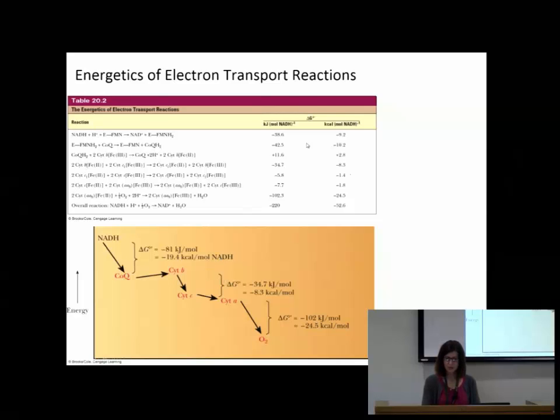So complex 2 is not addressed here because we're not taking it from that FADH. But you can see that the free energy from these 3 complexes is significant. And that free energy is going to be used to pump those protons uphill. And so we're going to see next what we can do with those protons.